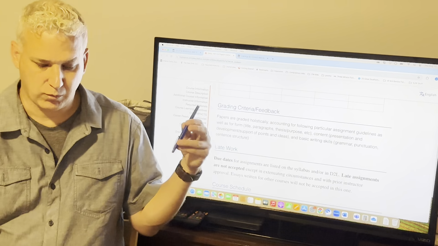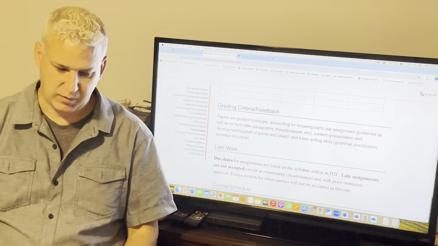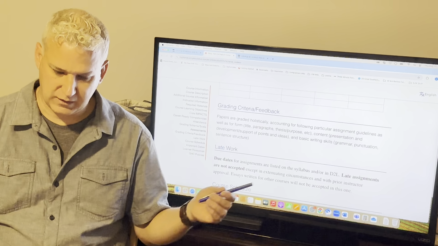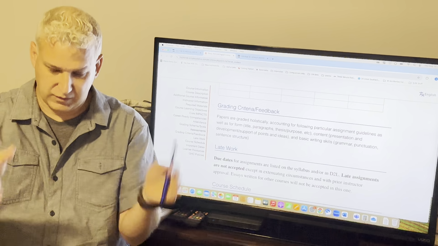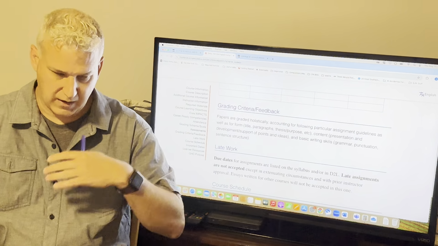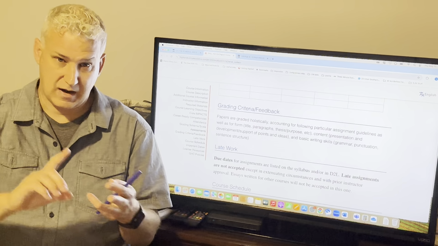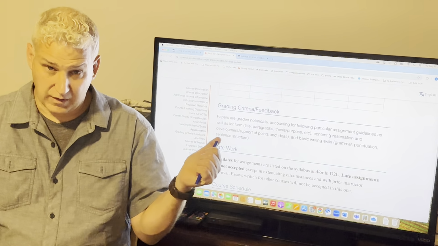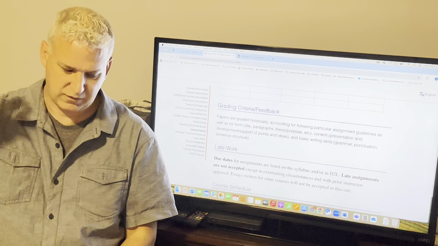If you want a specific grading rubric that is specific to each paper, but in general, papers are graded holistically, accounting for following particular assignment guidelines, what's specific to each assignment, as well as for form, like the title, the paragraphs, the structure of the paper, content, what you have to say, how clearly you communicate it, those kinds of things, what you have made, the content of what you have made, and basic writing skills like grammar and punctuation and sentence structure.